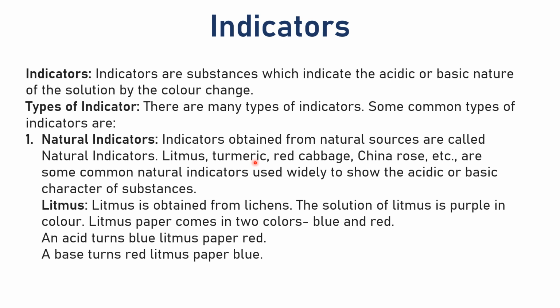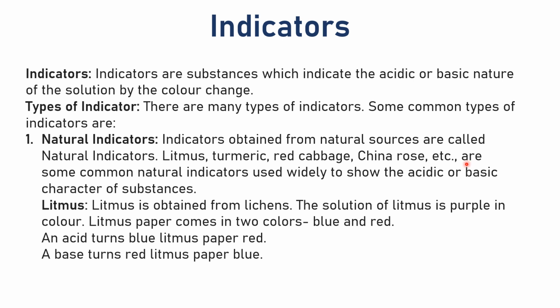So turmeric is also a natural indicator. Red cabbage, natural indicator. China rose, natural indicator. Other than this, in your book they have given hydrangea, petunia and geranium. I haven't mentioned them here, but they are given in your book. These are all natural indicators.